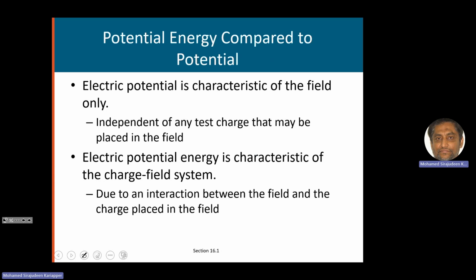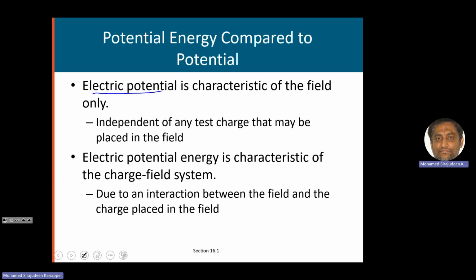In the same way, when you talk about the electric potential energy, we need to talk about the interaction of one charge with an existing electric field. But for the potential, it's just the potential due to a single charge or some electric field coming from some source. It is independent of any test charge that may be placed in the field.